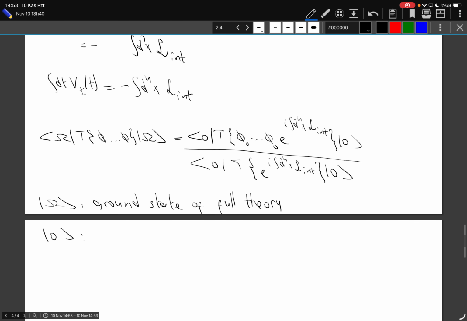Zero, this is the empty state, or ground state, of the non-interacting theory.